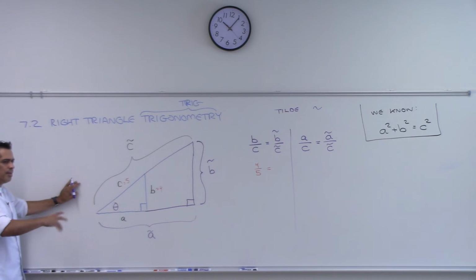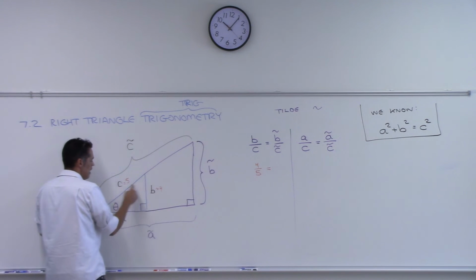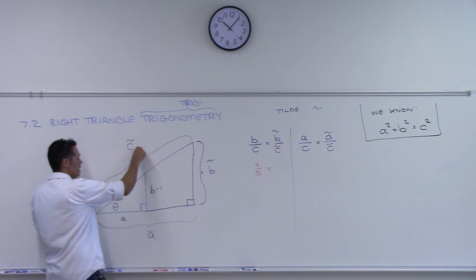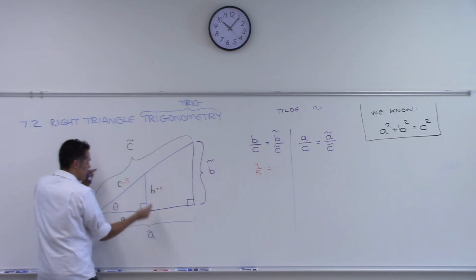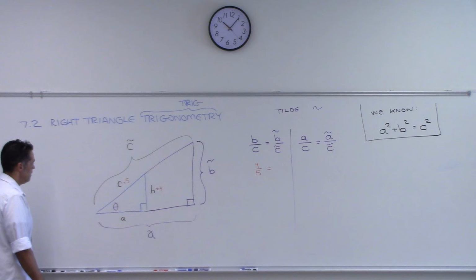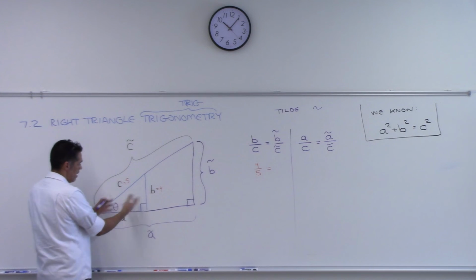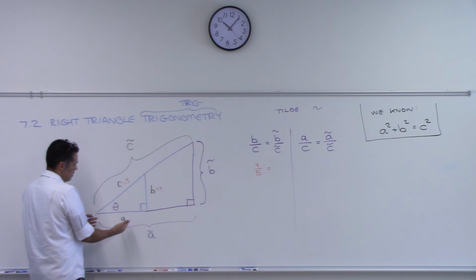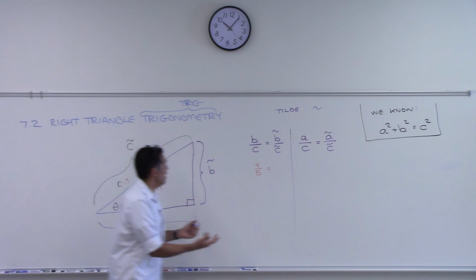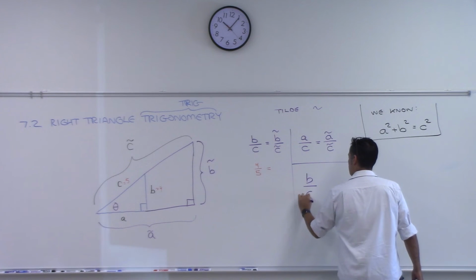We could prove it with some other stuff, but we're just going to have to take this on faith. Okay? This divided by this would be equal to this divided by this. What other ratios could I come up with, do you think? It's any ratios that you can come up with on this triangle. So what else? B over A? I could do B over A, right? So B over A should be equal to what?